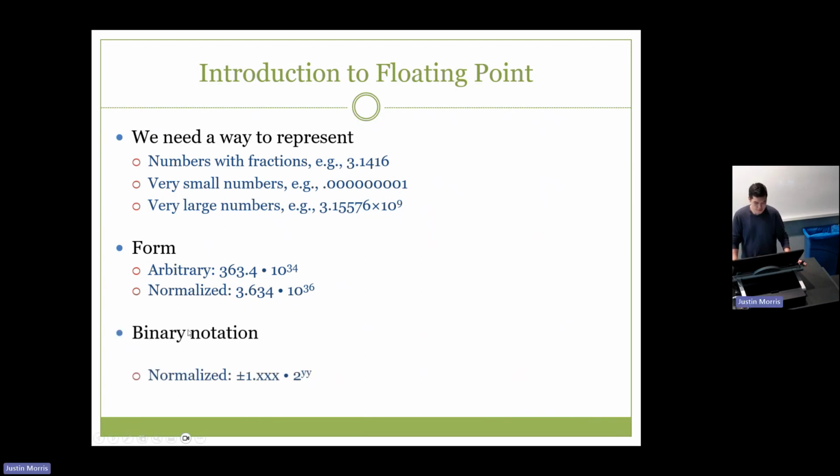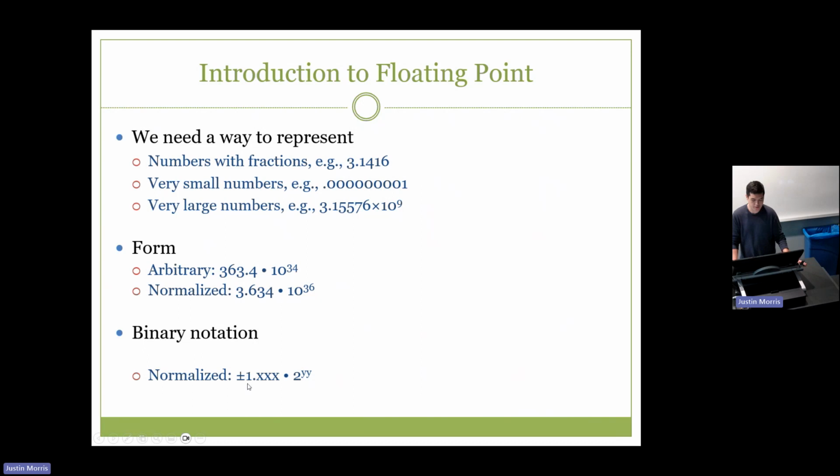So we're going to use this same format with binary numbers. So we have this 1, and this 1 will always be implied because just like in scientific notation, you always have just one number to the left of the decimal point.